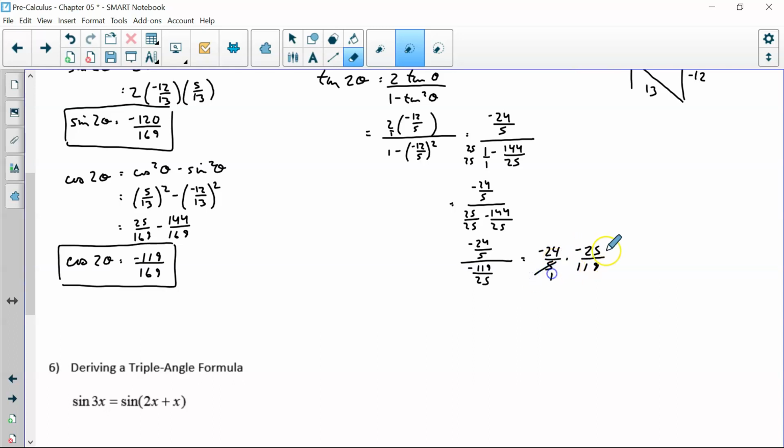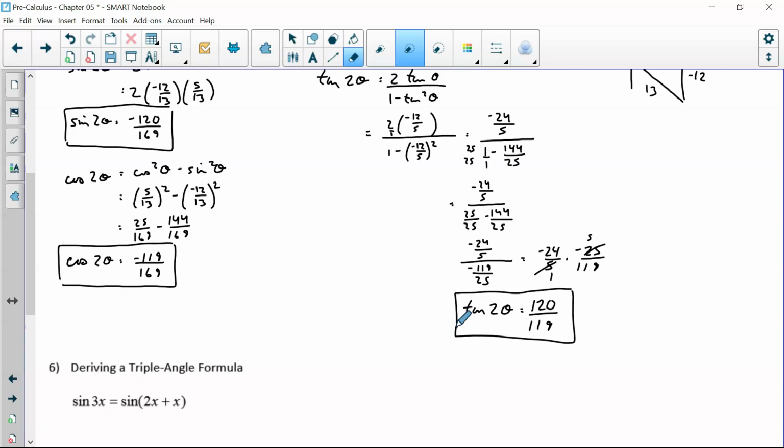The 5 becomes a 1. The negative 25 is going to be a negative 5. And just multiply the numerators. Negative 24 times negative 5 is positive 120 over 1 times 119, which is 119. And there's the tangent of 2 theta. Just using those double angle formulas and then working with the fractions.